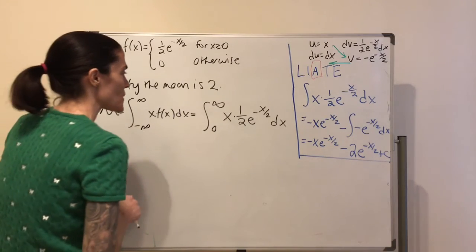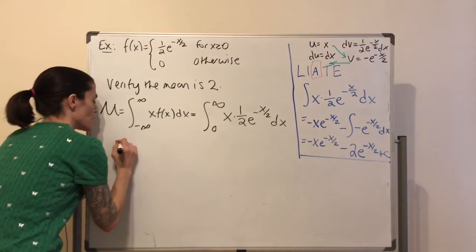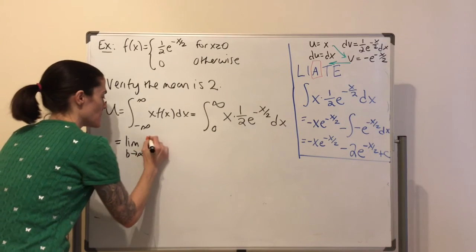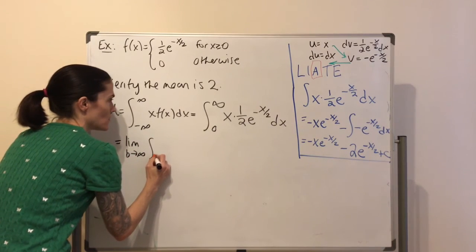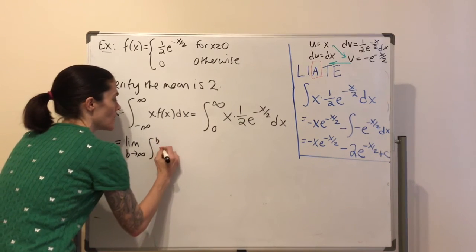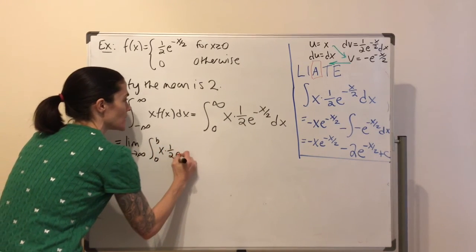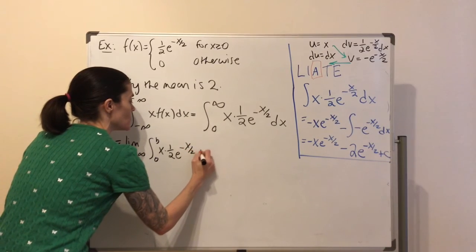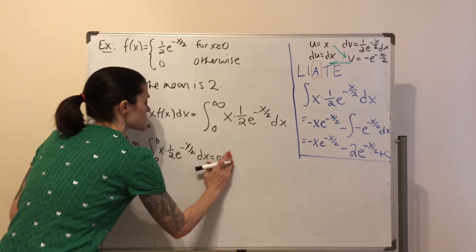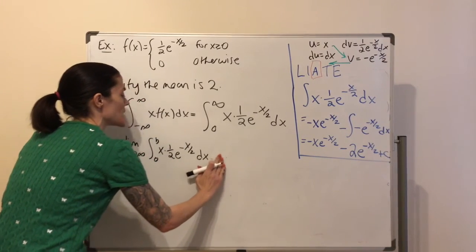Okay, so now the mean is a limit. As b goes to infinity, the integral, well, we already have an antiderivative, but maybe I will write this step. The integral of x times 1/2 e to the minus x over 2 dx, which is a limit. I'll go to the next line so I have enough space.